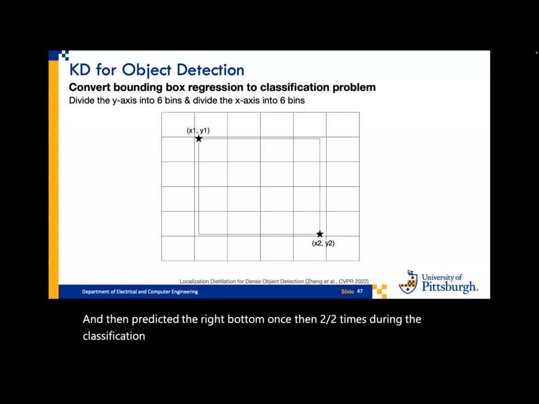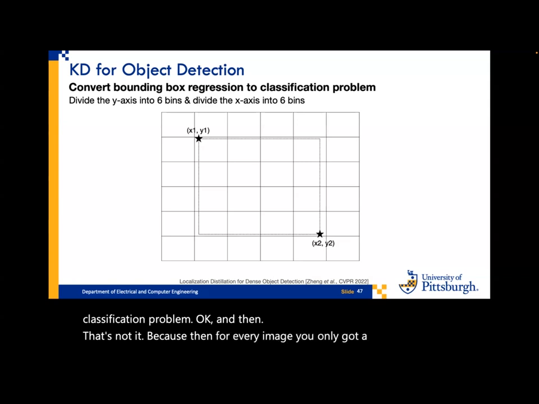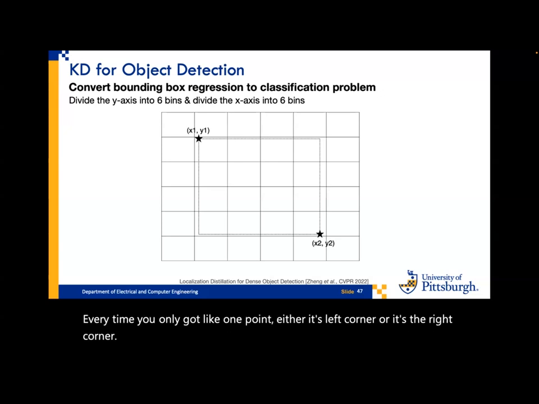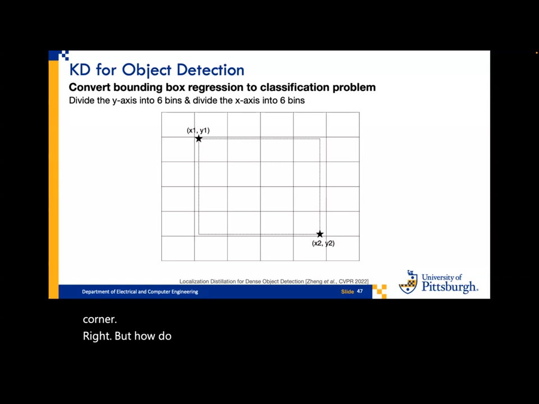And then that's not it, because for every image, every time you only got 1 point, either the left corner or the right corner, right? But how do you know that the left corner pairs with this right bottom corner? Does that make sense?